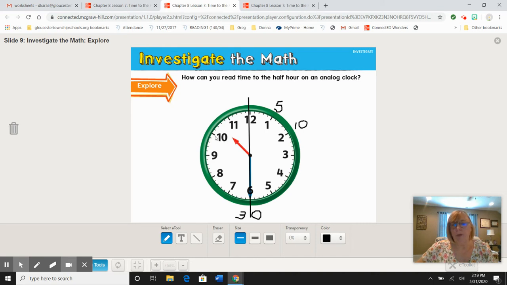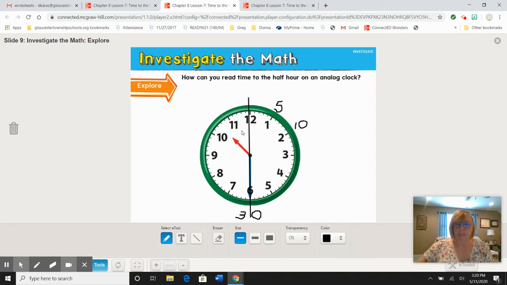So it started out on 10, and notice when it was 10 o'clock, the minute hand was straight up and down. But now this minute hand moved halfway around, and it took 30 minutes. So right now, the time is 10:30.